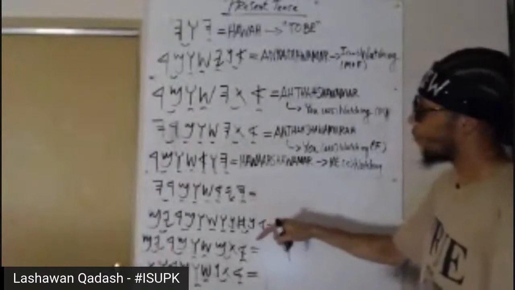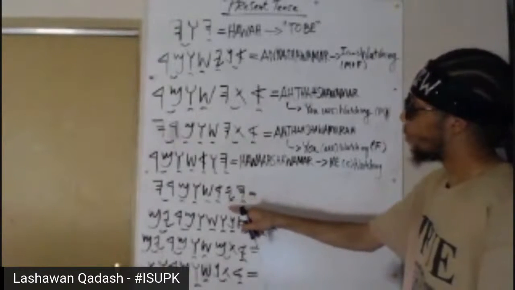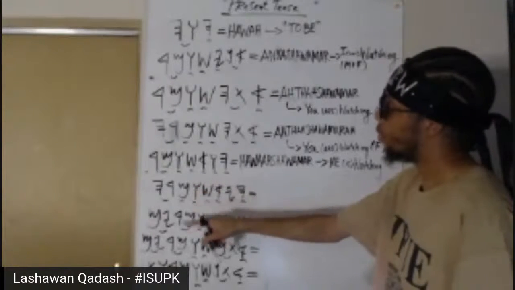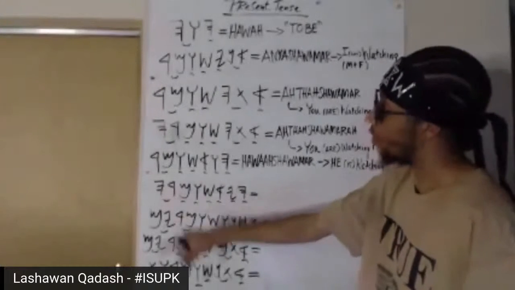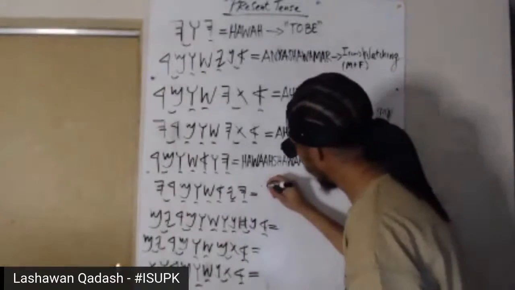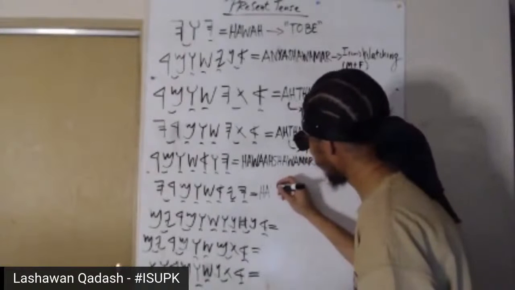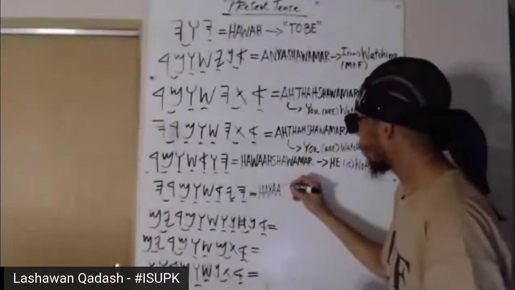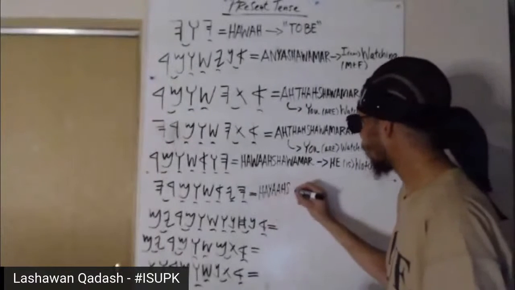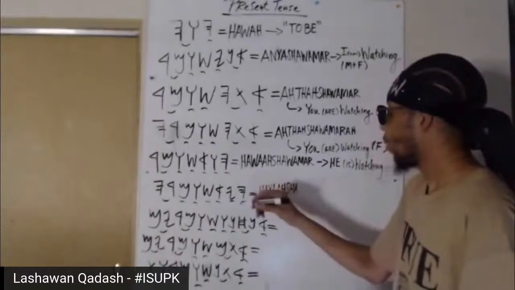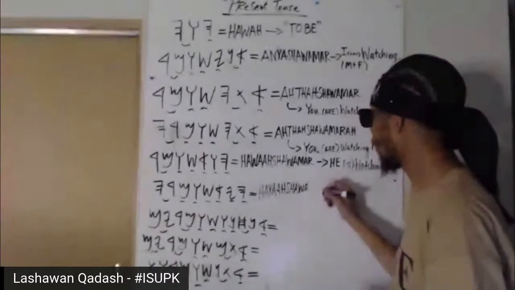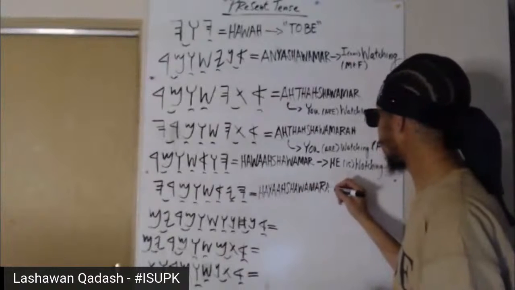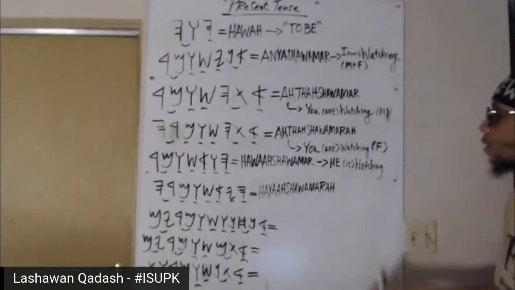So the next one, ha by itself, ya, a, sha, wa, ma, and then the ra and the ha is connected. So let's break it down. H-A-Y-A, then you have the sha, you have the wa, and you have the ma, and the ra with the ha, which gives you R-A-H.